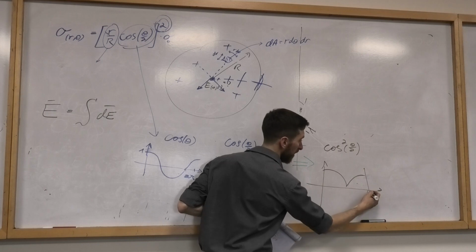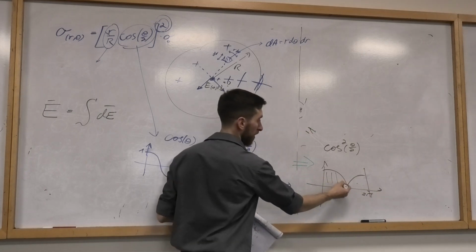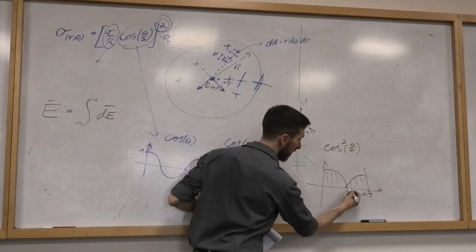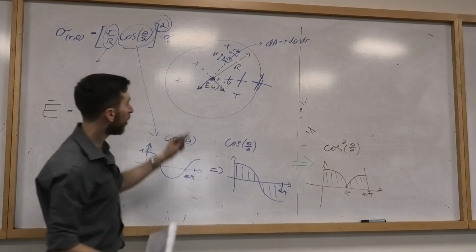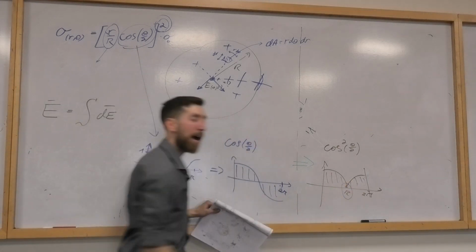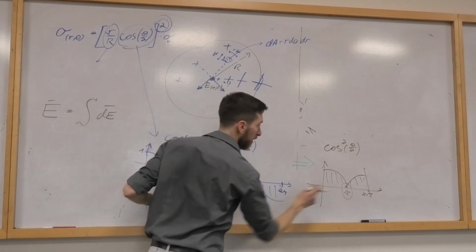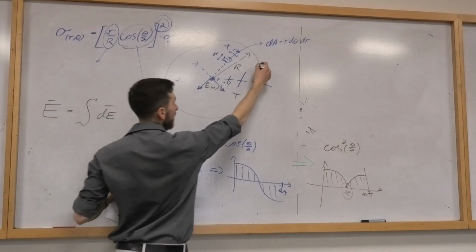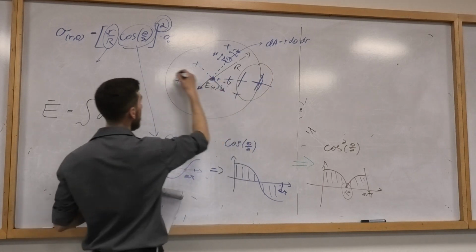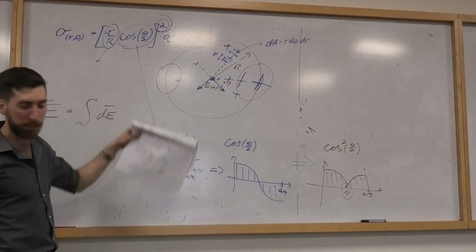And here it's 2 pi. So what I'm seeing is that the charge disappears exactly at pi, which means here is the maximum and here is the minimum. You see it on the cycle?